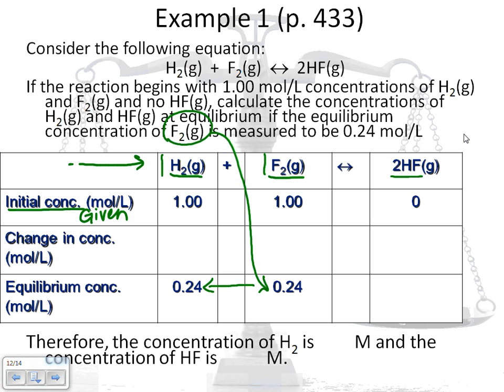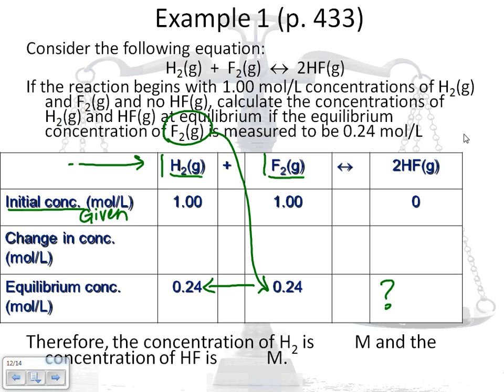Oops, sorry, I thought I had the answers at the bottom there. So now basically the question is how much HF is made. This is where I have to fill in my second row, the change in concentration. It's going to go up by a factor that I don't know yet.